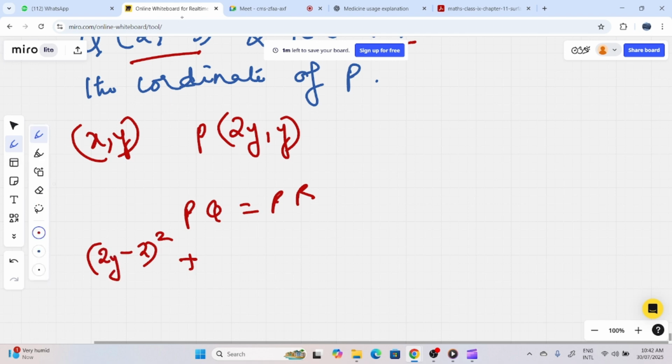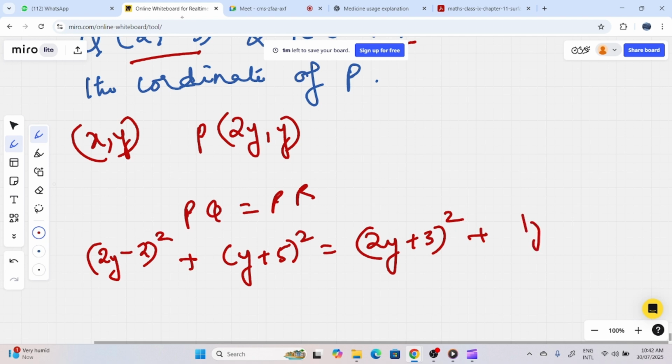2y minus 2 whole square plus y plus 5 whole square equal to 2y plus 3 whole square plus y minus 6 whole square, right? Everything you will have to open with that identity only.